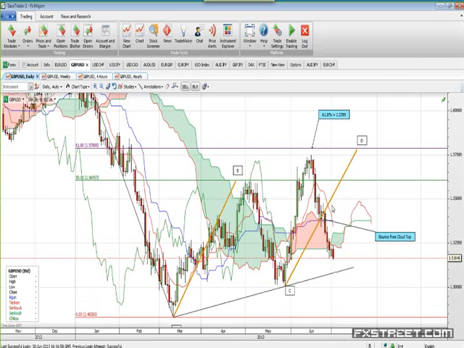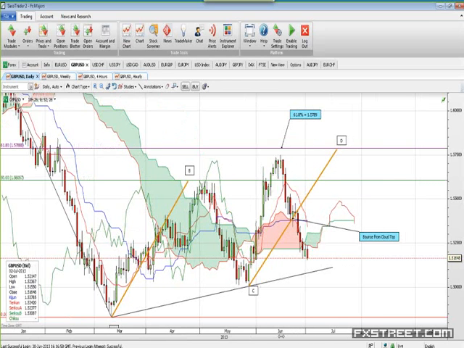One thing that should be noticed on this breakout in sterling dollar is, if you look at Ichimoku cloud trading, the fact that the lines aren't in order.